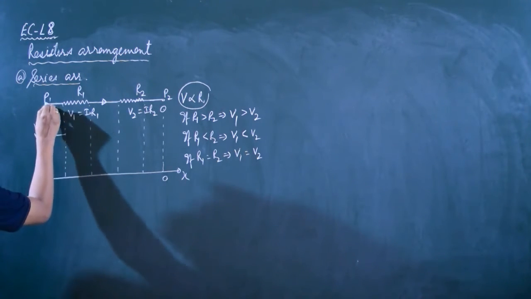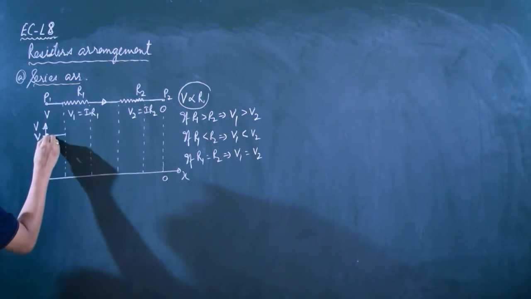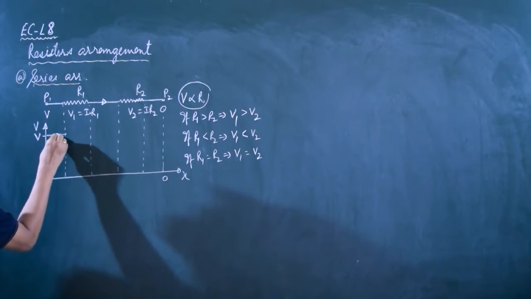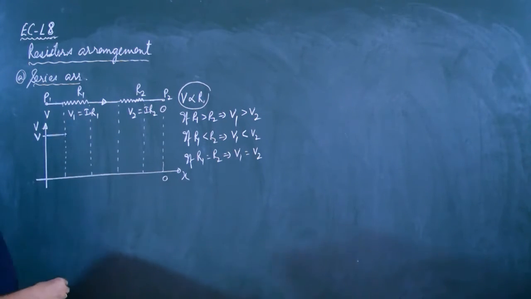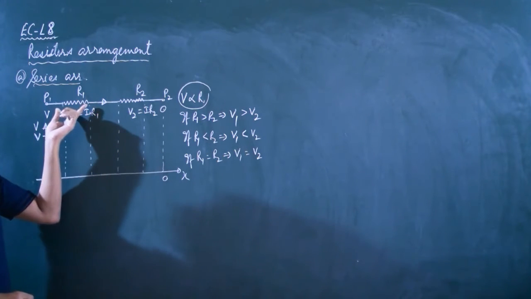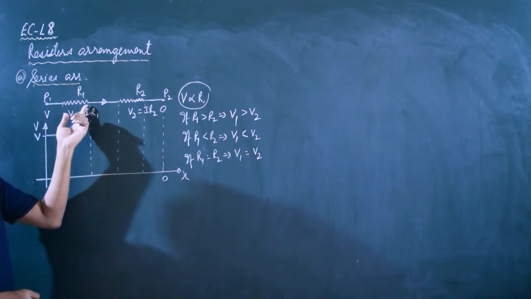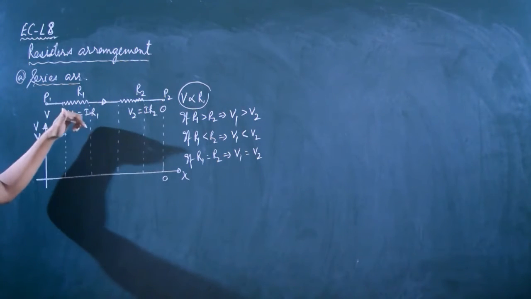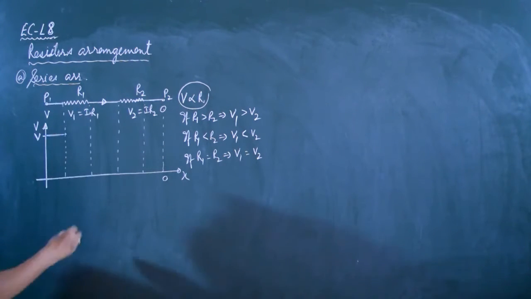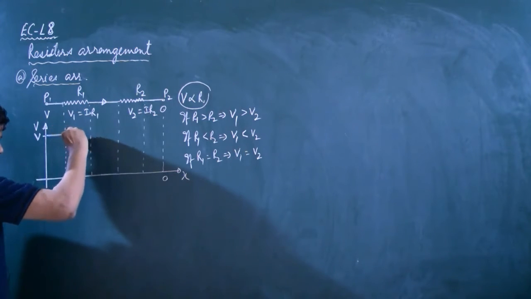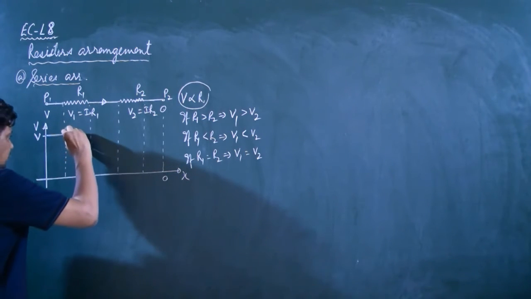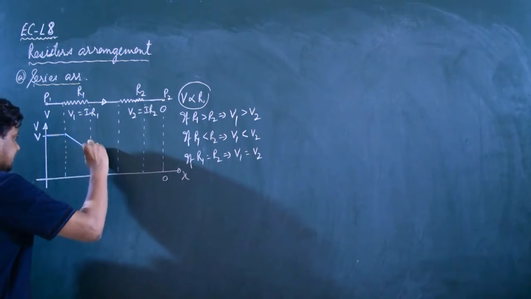That's why potential from this end to the resistor left end is uniform. Now current always flows from higher potential to lower potential. That means if we are moving towards the right, across the resistor the potential is decreasing.